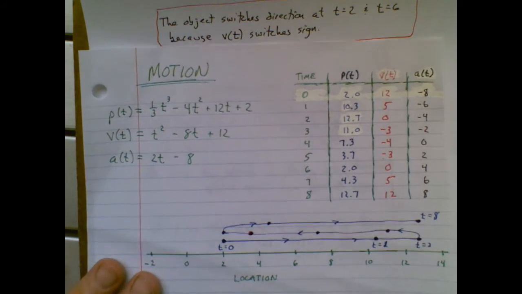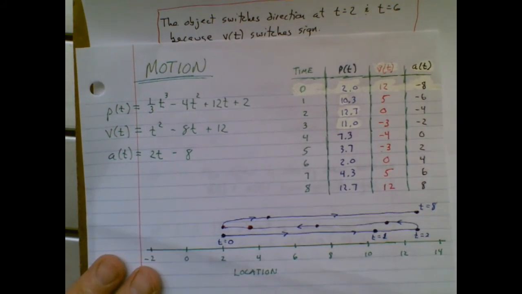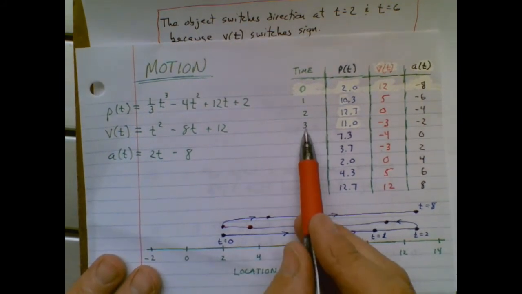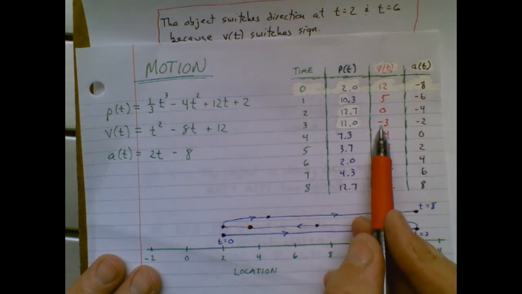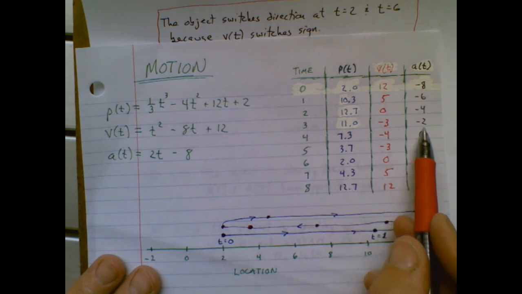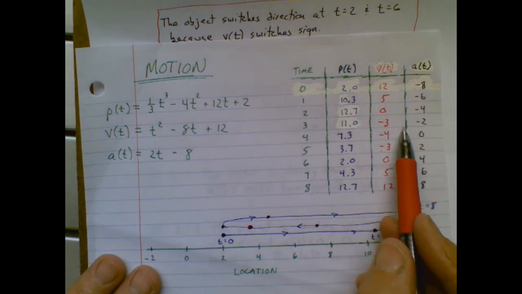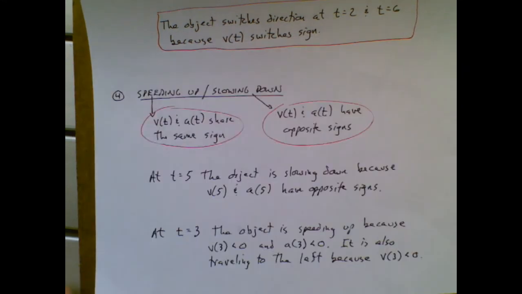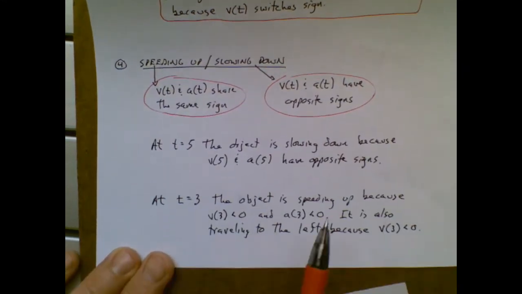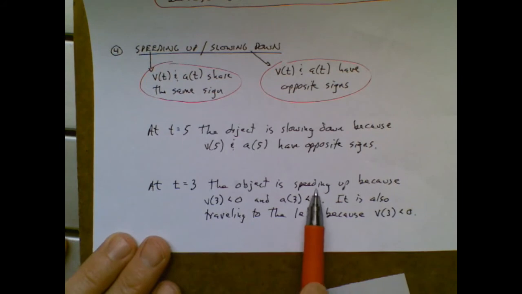If I look at time t equals 3, which is going to be our next question, the velocity is negative, so it's traveling to the left. Acceleration is negative. Velocity and acceleration share the same sign, so the object at t equals 3 is speeding up.